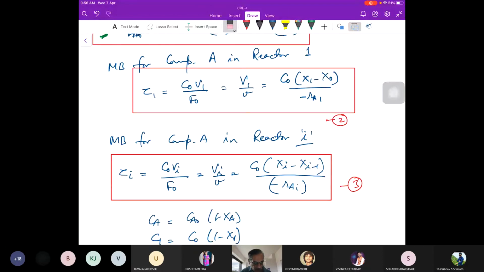Tau i is equal to C naught into, instead of 1 it will be i, Vi, capital Vi upon F naught, is equal to capital Vi upon small v, and that is equal to C naught into X i minus X i minus 1, divided by minus Ra for the ith reactor. We wrote the general equation for any reactor now. Any questions on equation 3?